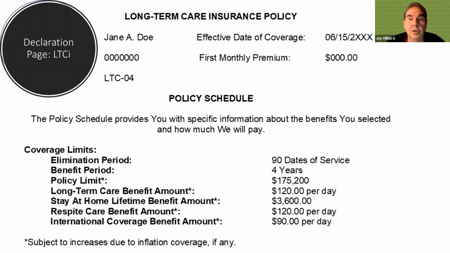It's just an extra benefit that this policy has. And this policy also has a $90 per day international coverage. Not all long-term care insurance has international coverage. This one happens to. So if you're overseas and you have an issue, it will pay up to $90 a day for that.